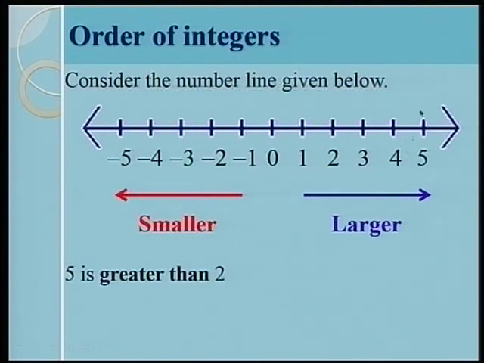For example, 5 is greater than 2. Why is it greater than 2? Because 5 is found to the right of 2. Let's take another example. -4 is to the left of -1. Therefore, -4 is less than -1.